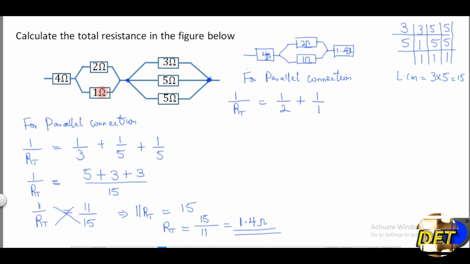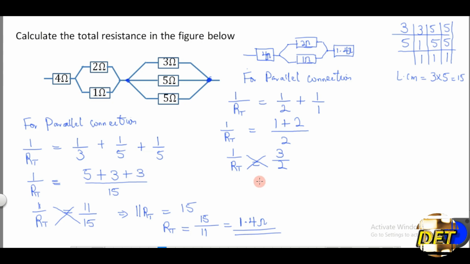So that would be 1 all over R_T is equal to, the LCM of 2 and 1 is 2. So I'll put down the 2 there. 2 divided by 2 is 1, 1 times 1 is 1. Plus 2 divided by 1 is 2, times 1 is 2, right? So that will be 1 all over R_T is equal to 1 plus 2, which gives me 3 over 2. So the next thing I want to do is to cross multiply, right?